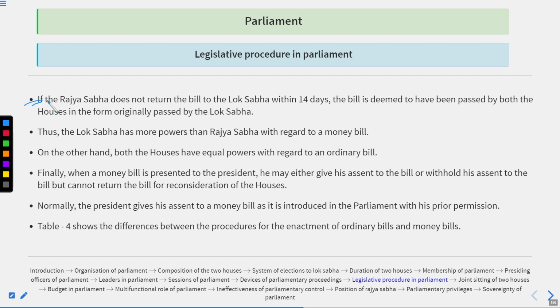All right. After this, if the Rajya Sabha does not return the bill to the Lok Sabha within the 14 days, the bill is deemed to have been passed by both the houses in the original form passed by the Lok Sabha.